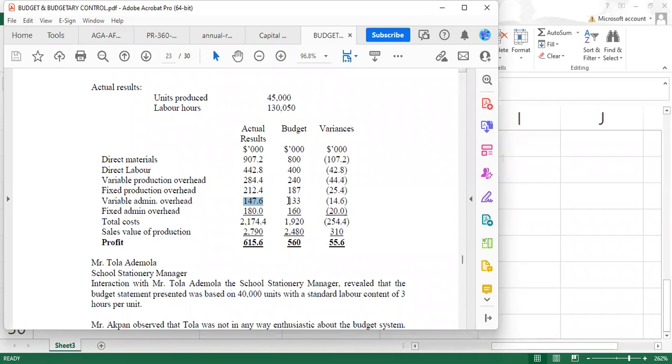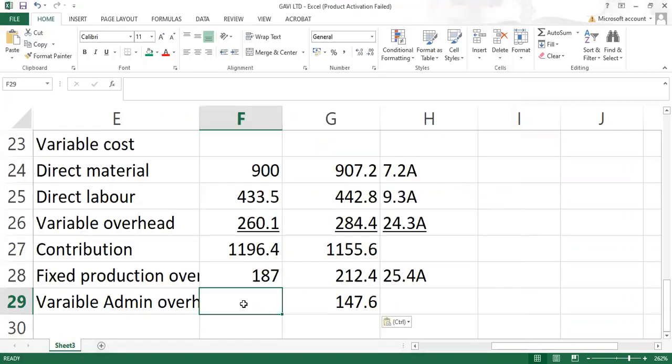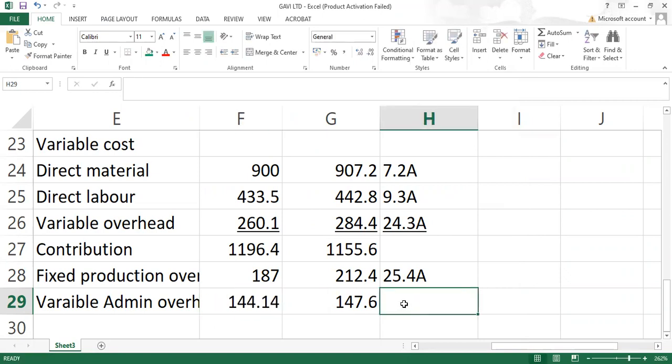144. 144 point what? 14. Are we spending more?